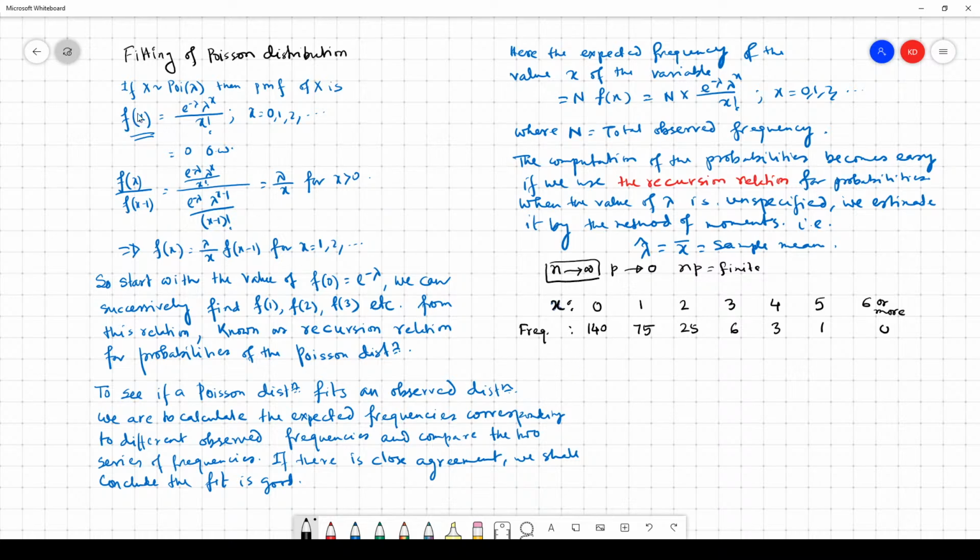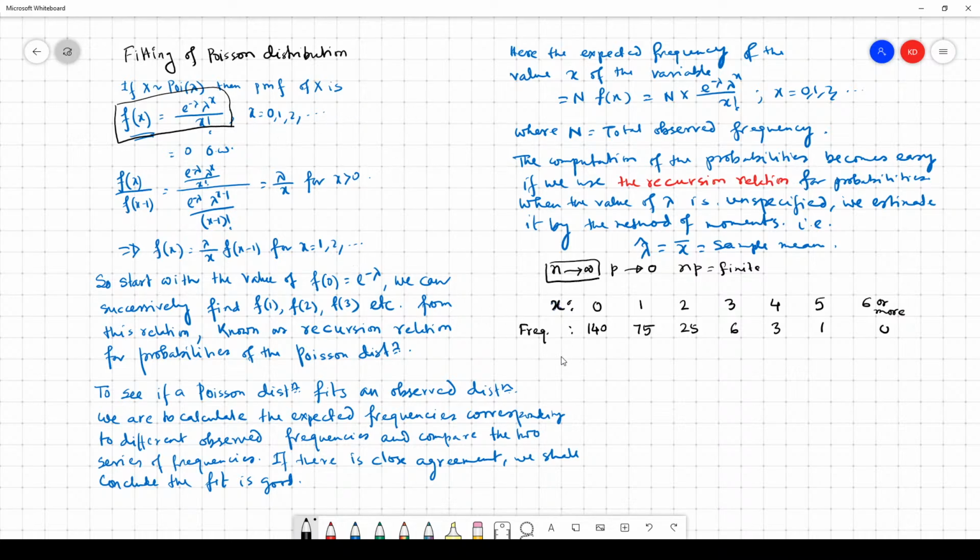So we recall the PMF of the Poisson distribution, which I already defined: f(x) is equal to e to the power minus lambda, lambda to the power x by x factorial, where x is equal to 0, 1 to infinity.